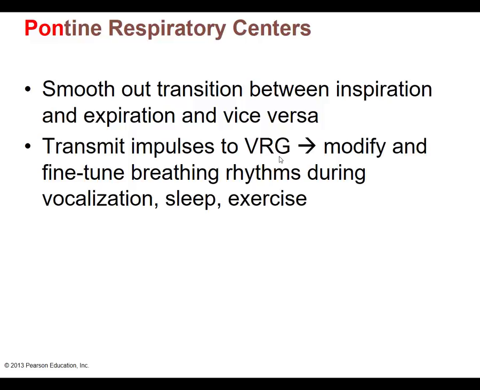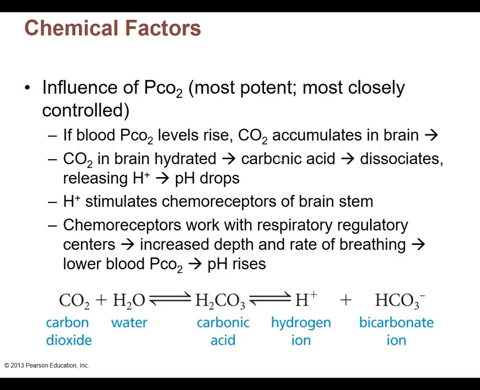Then there are chemical factors that control respiration. The biggest chemical factors are carbon dioxide and oxygen. Carbon dioxide is the most potent, the most powerful influence on our breathing rate, so it's the most closely controlled. If our blood carbon dioxide levels rise, this carbon dioxide will accumulate in the brain, which isn't good.